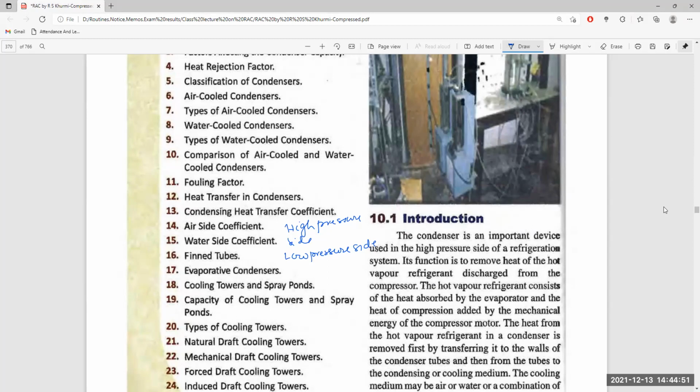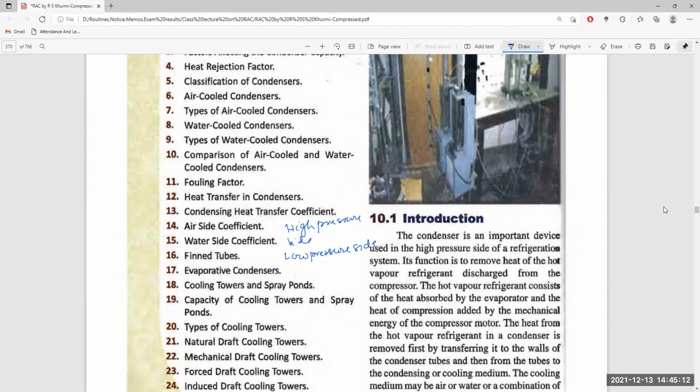Next, we send the high pressure and high temperature refrigerant to the condenser, where its temperature is reduced to low temperature by simply releasing the heat from the refrigerant system to the surroundings, thus dropping the temperature from high to low.